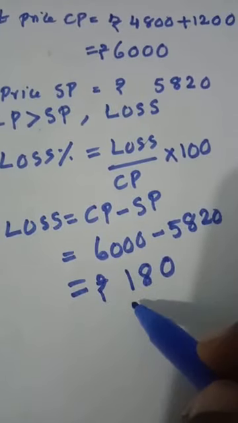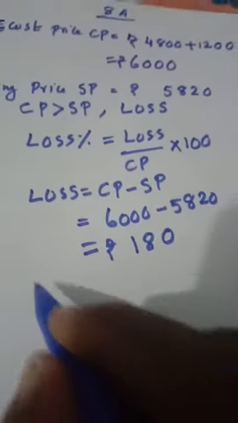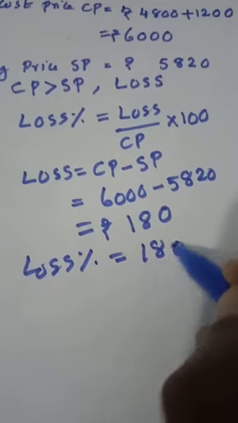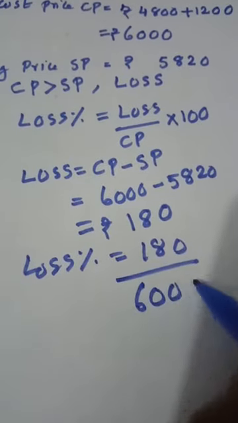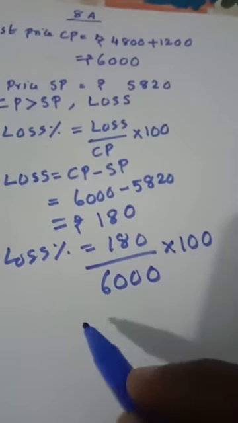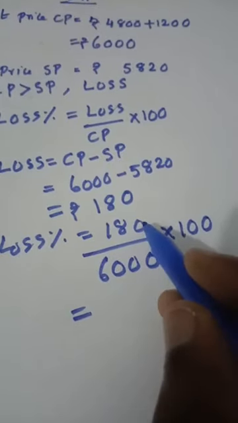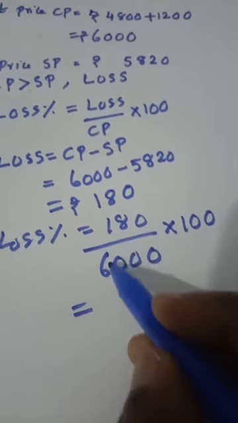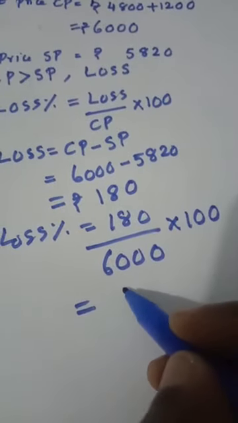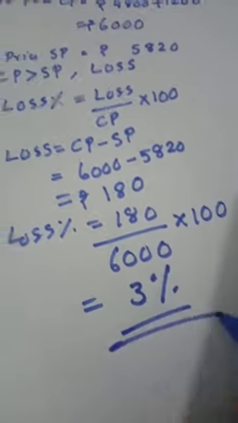So loss percentage is equal to loss by CP into 100, that is 180 by 6,000 into 100. The 2 zeros and the 2 zeros get cancelled, in 60 one zero and in 180 one zero get cancelled. 6 and 18: 1 six are 6, 3 sixes are 18, so 3%.